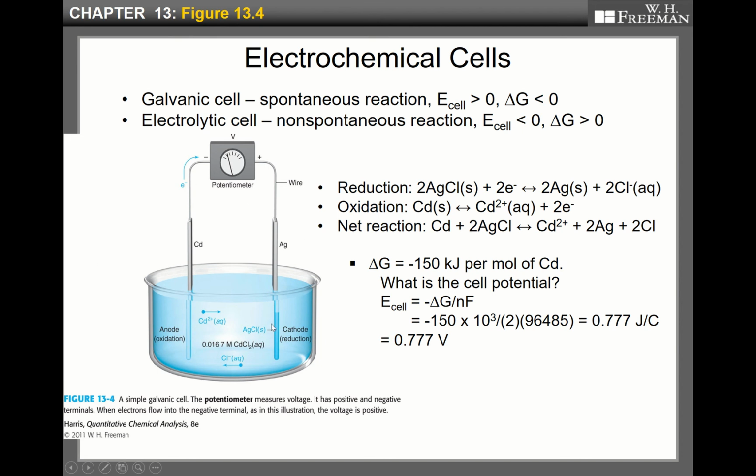And then in the beaker, you put cadmium metal and silver metal, and inside the beaker, cadmium chloride solution is there. Let's consider what happens in the beaker.